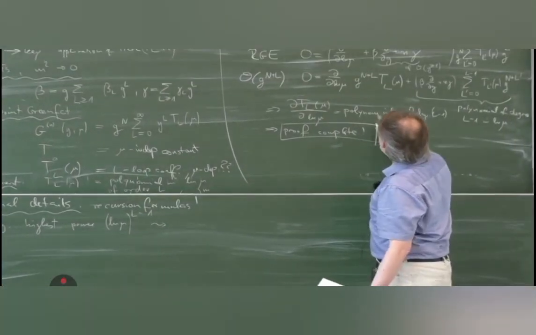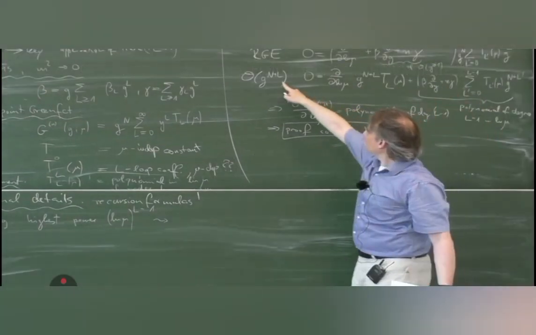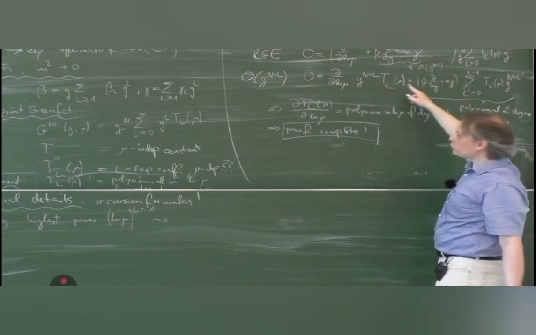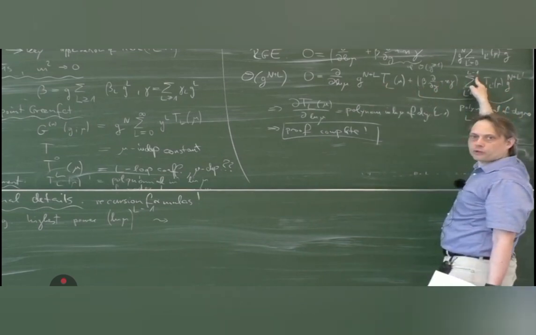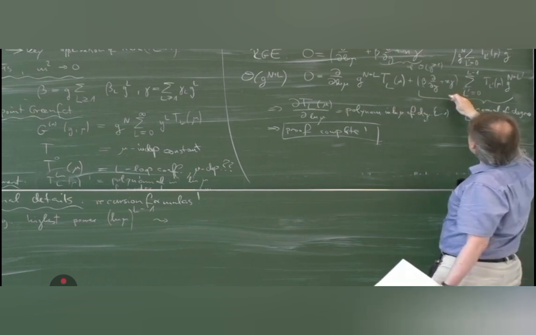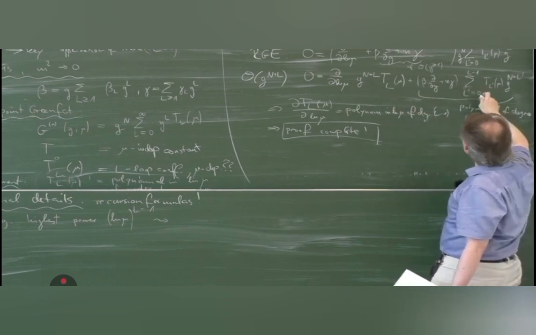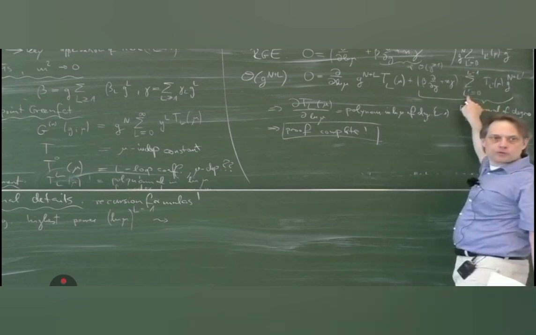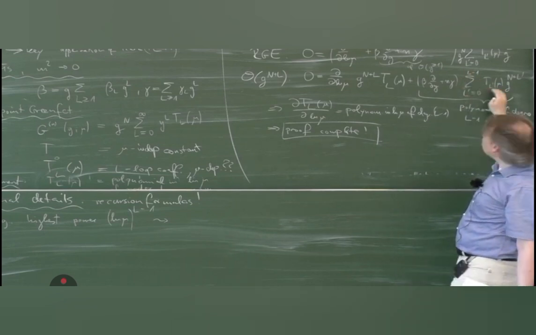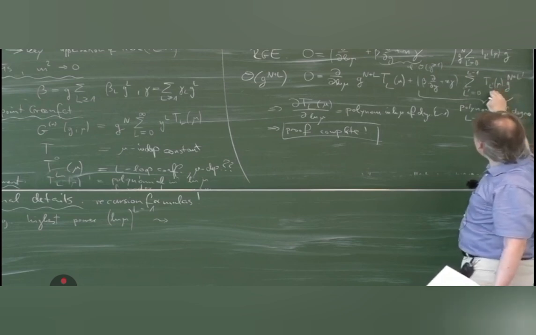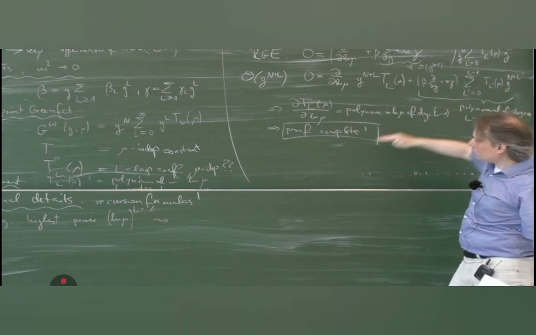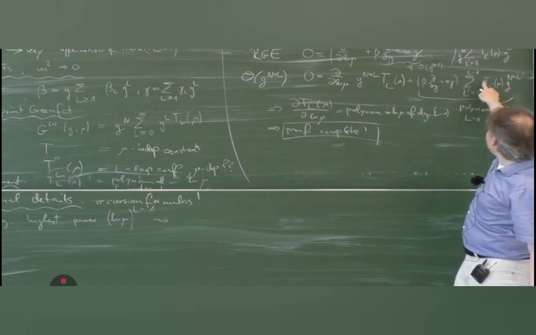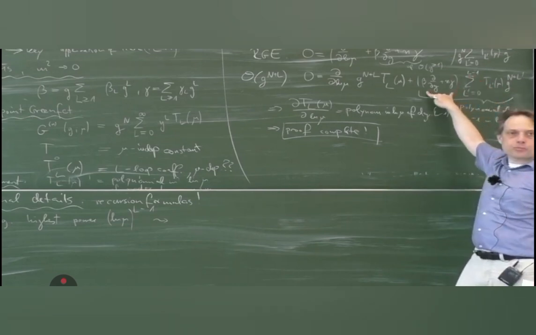In this equation, we are at the order L, and the highest log mu term which can appear is power L minus 1. And in order to get the L minus 1 term, here we only determine the sum where L prime is equal to L minus 1, the highest power. Everything else contains only lower powers of the log. Then if we are here already at the order L minus 1, then from the bracket we only need the one-loop term.